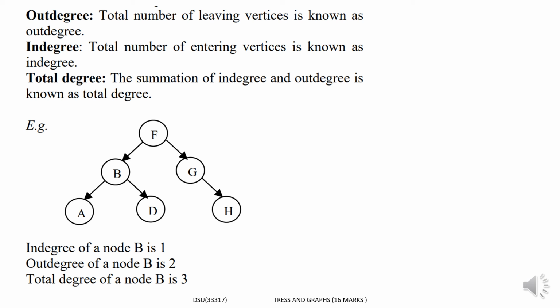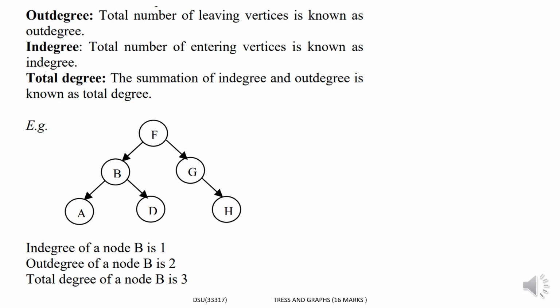So the out degree of a node means the total number of leaving edges, and the in degree means the total number of entering edges. The total degree is the summation of in degree and out degree, meaning the total of incoming and outgoing edges.